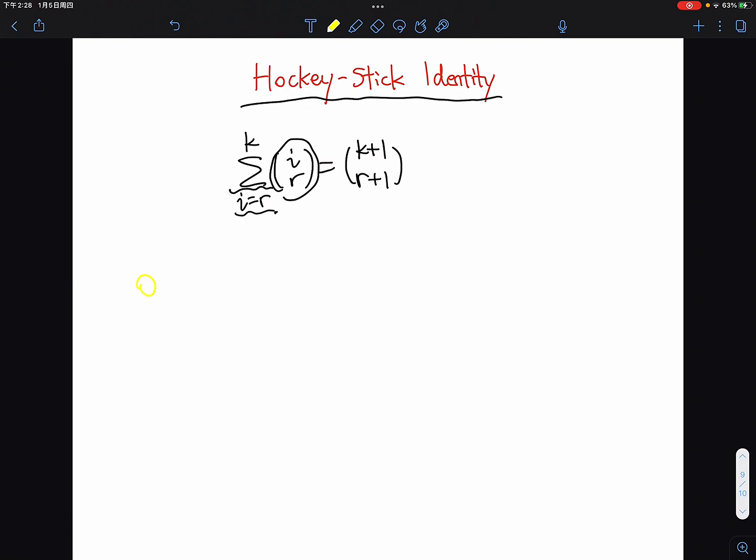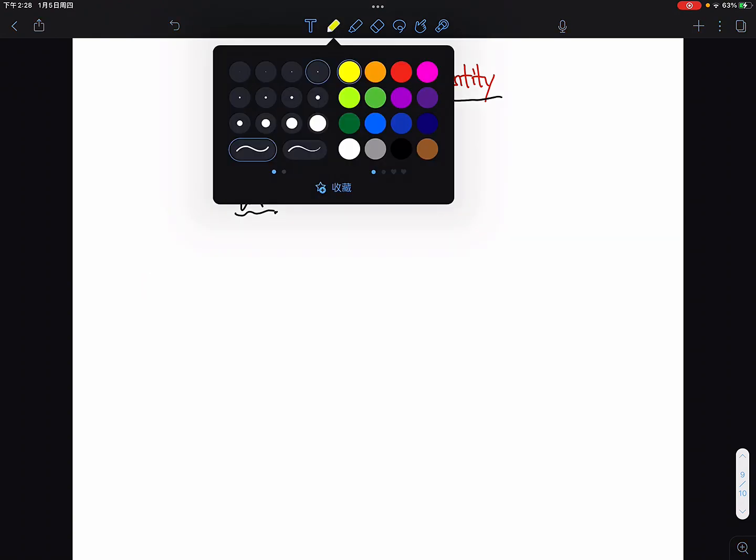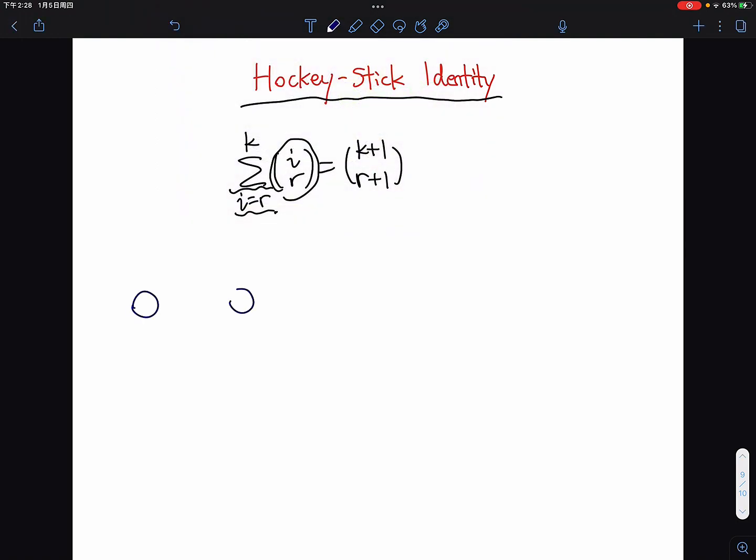Before I start proving it, I'm going to draw some pictures. Let's say I have 7 balls, labeled with numbers 1, 2, 3, 4, 5, 6, 7.